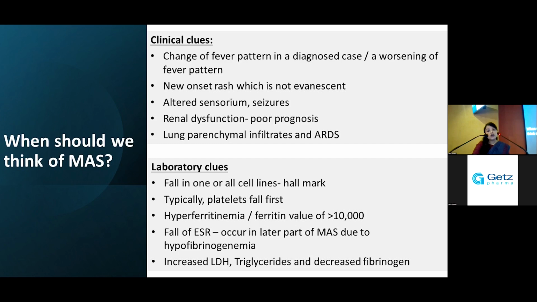The laboratory clues are a fall in one or all cell lines, which is considered the hallmark. As I said earlier, platelets tend to fall first. Hyperferritinemia, more than 10,000, is very sensitive and specific. And a fall in ESR, elevated LDH, triglyceride, and low levels of fibrinogen are all markers of MAS.